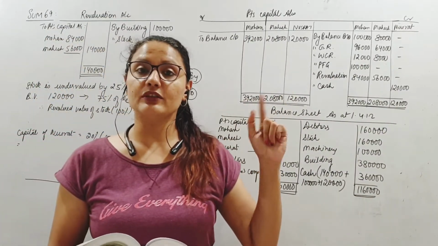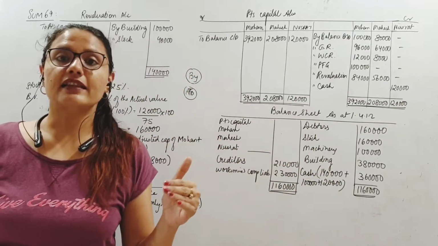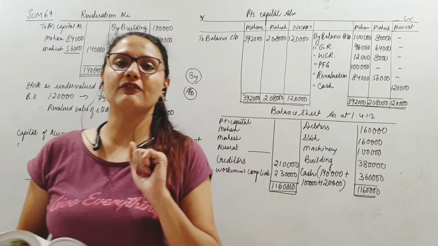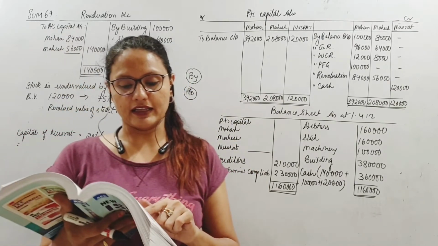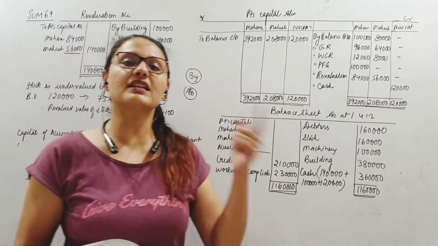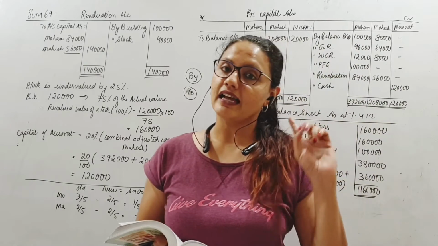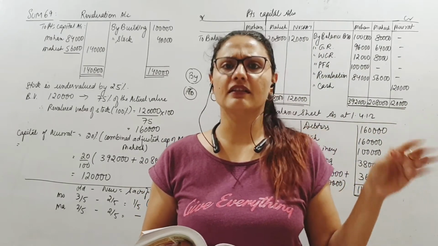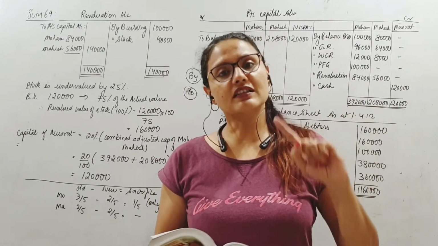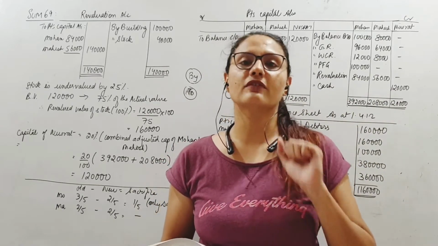The actual value is more than the book value, and I do not know the actual value. I need it because this 25% is not on the given book value. The book value of stock is 1,20,000, and undervaluation is not 25% of that. Let the actual value be X. If we subtract 25% of it, we get 1,20,000, which is the book value.